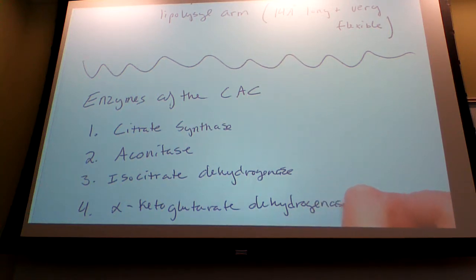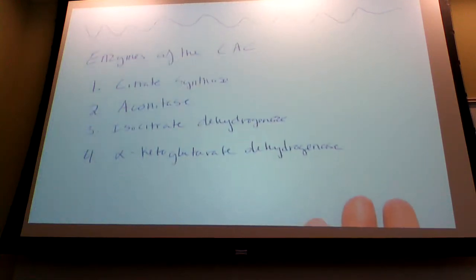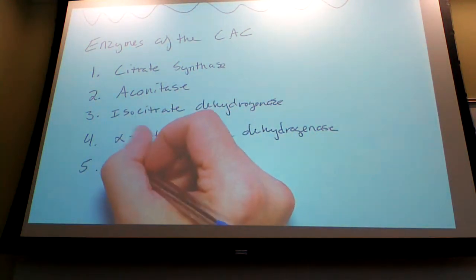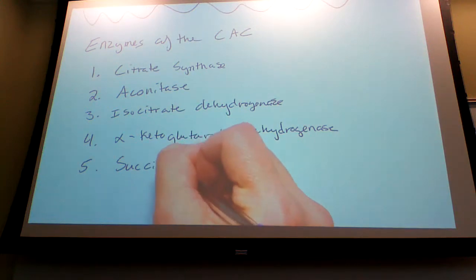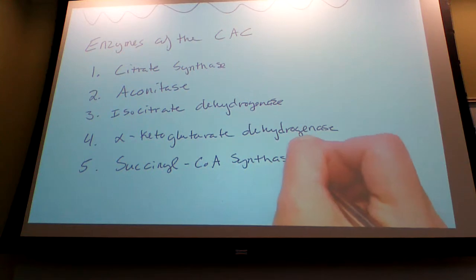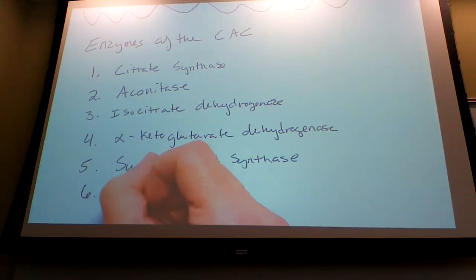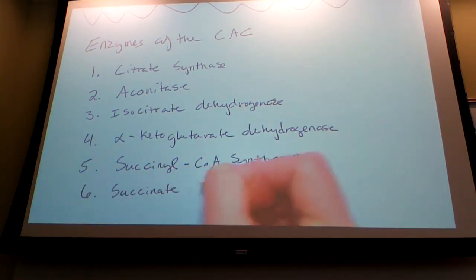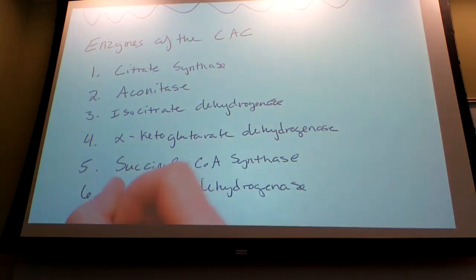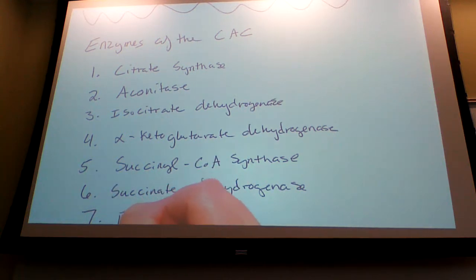I'm not going to be using any abbreviations on these, we're going to stick with the whole names. Number 5 is succinyl coenzyme A synthetase. Number 6 is succinate dehydrogenase. Number 7 is fumarase. And number 8, malate dehydrogenase.